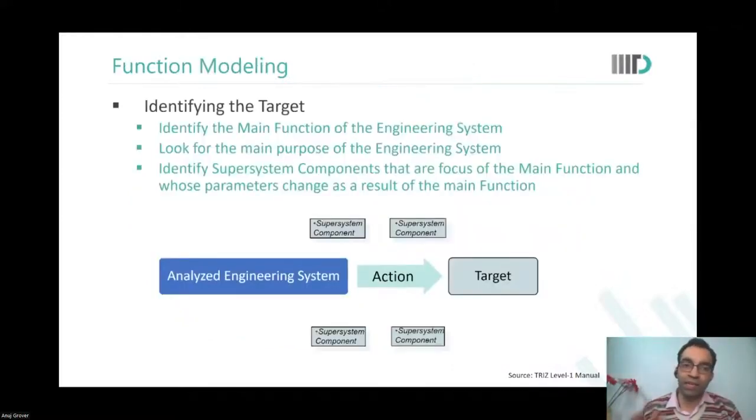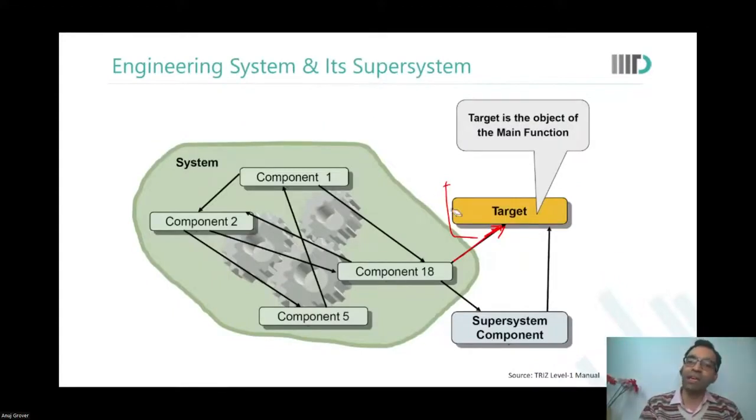When we make any modifications in our engineering system, we cannot remove the target, because that was the main reason why the engineering system existed in the first place. Are you able to see this? We'll look at a few examples and this will become more clear. But it is pretty evident that if an engineering system exists for a particular purpose, that purpose is the main function, and the target of that main function cannot really be removed from existence.